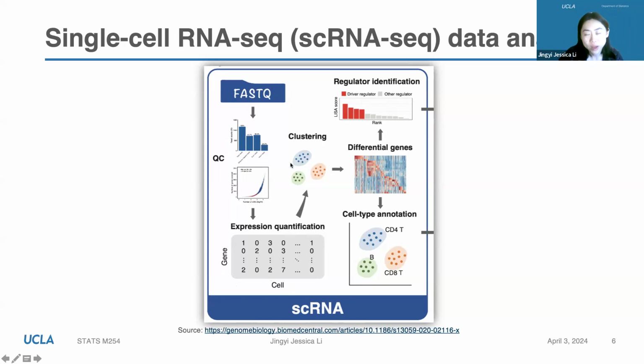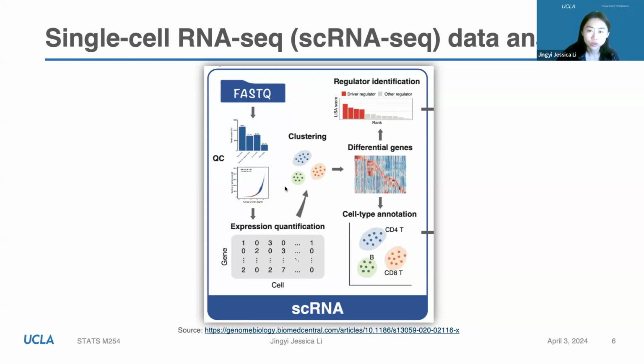Okay, and then once we're satisfied with the clusters, we still don't know the label of each cluster. So what do we do? We could run differential gene expression analysis. The step here is trying to understand which genes are highly expressed in each cluster.